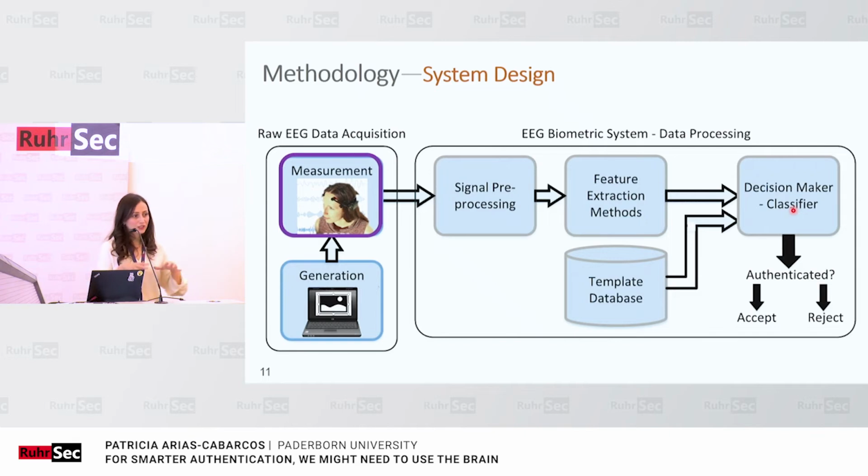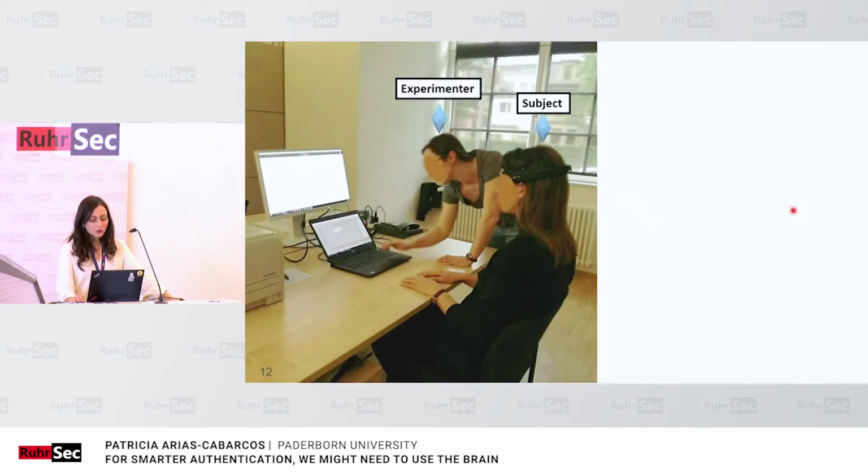We are not measuring the continuous EEG signals, the time series from the users, or using the whole continuous signal. But what we do is the following. In our experiment, the subject is seated in front of a computer, and we present some stimuli on the screen, and once these stimuli are perceived by the brain of the participant, we get a reaction.